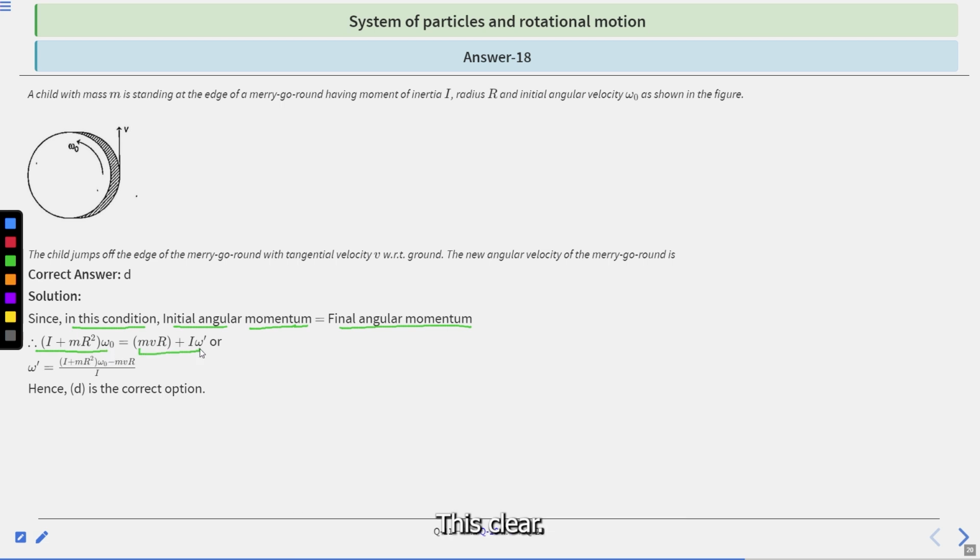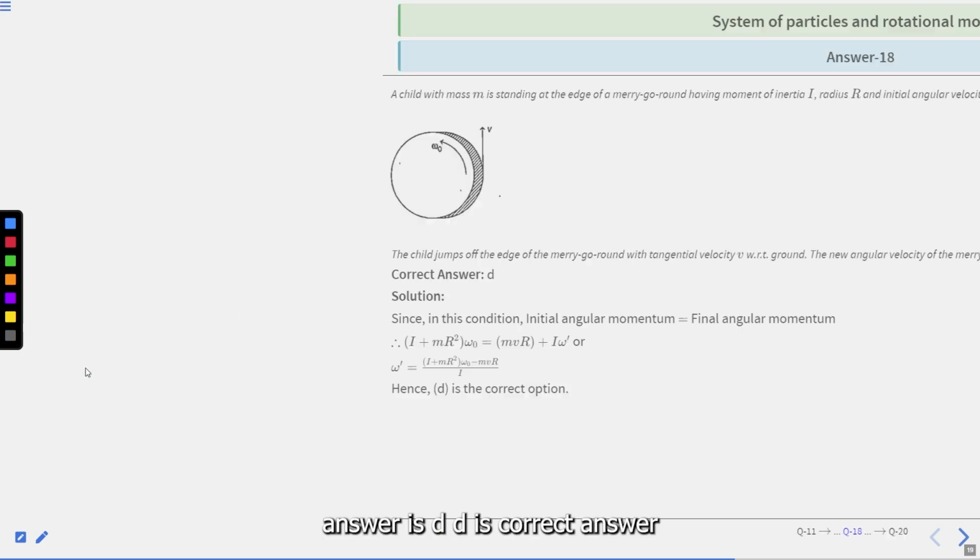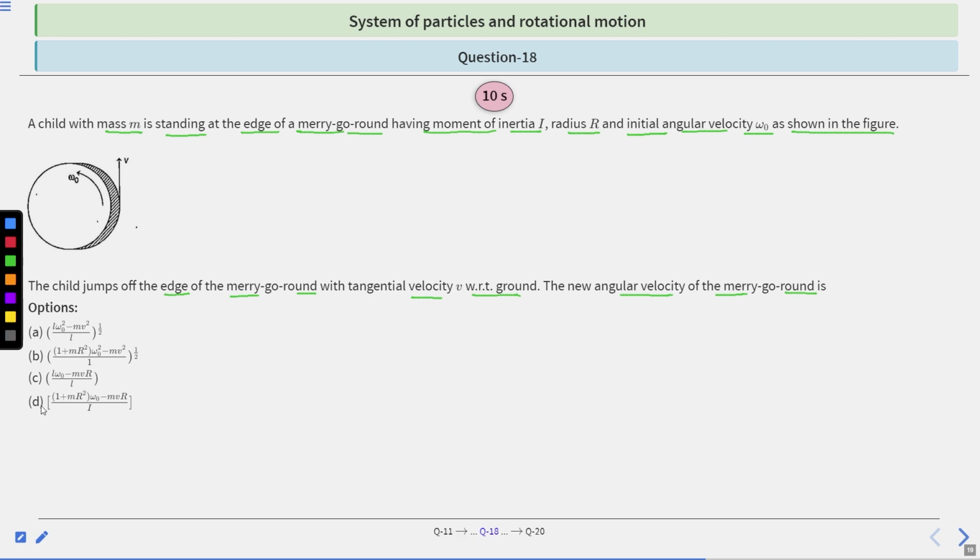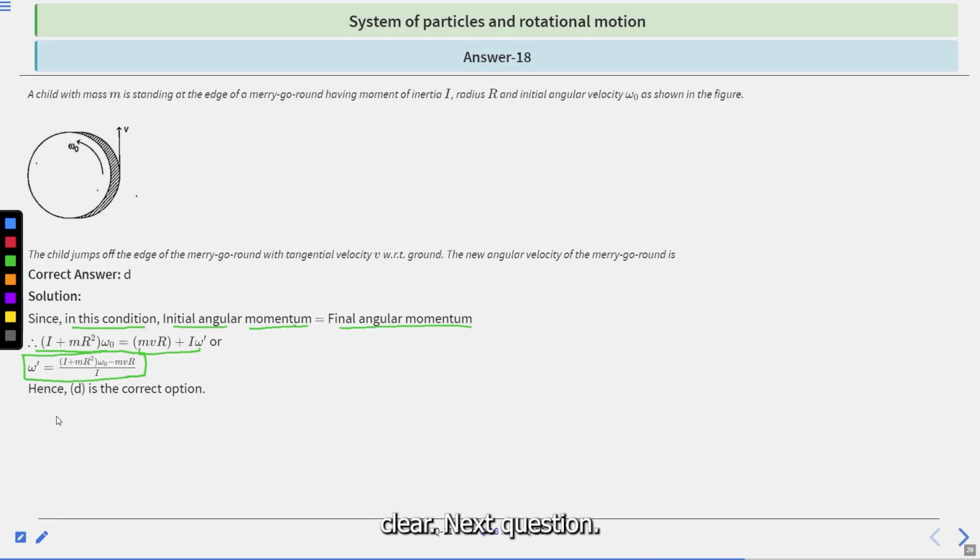The initial angular momentum is (I plus mr square) omega naught, equal to the final angular momentum. Solving this, you will get omega prime equal to ((I plus mr square) multiplied by omega naught minus mvr) divided by I. So the correct answer is D. Clear? Next question, question 19.